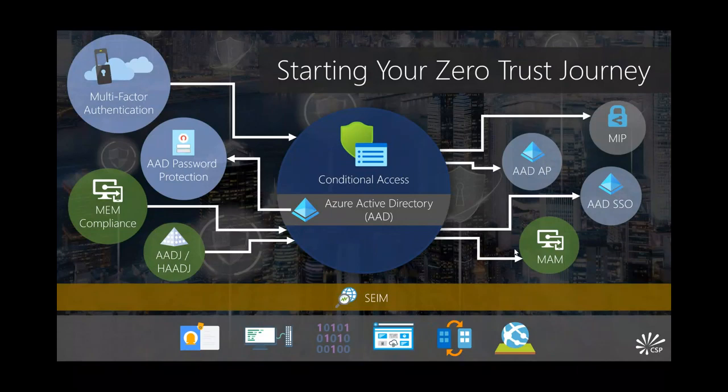SIEM stands for Security Information and Event Management. Again, this tool is basically a monitoring component. It gathers lots of data and uses pretty powerful algorithms to sense things that may be going on in your organization that aren't supposed to be going on, and sends you alerts about them.